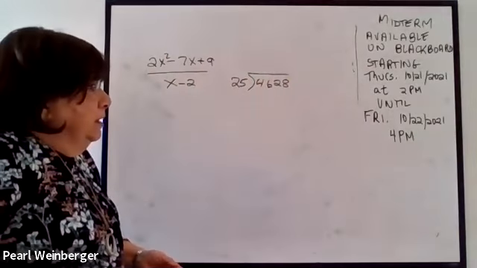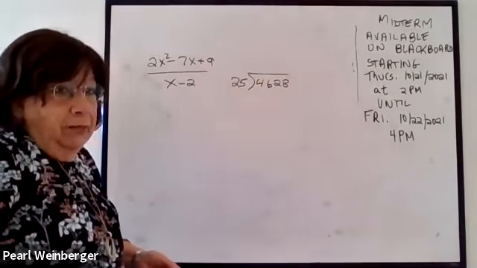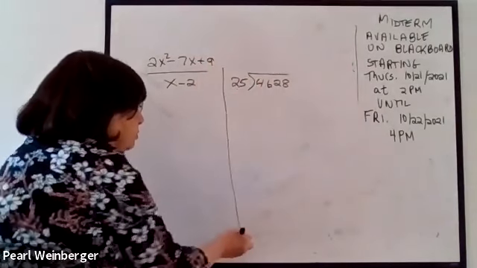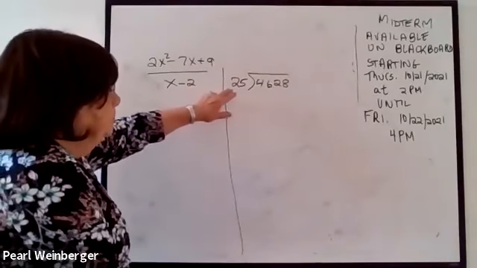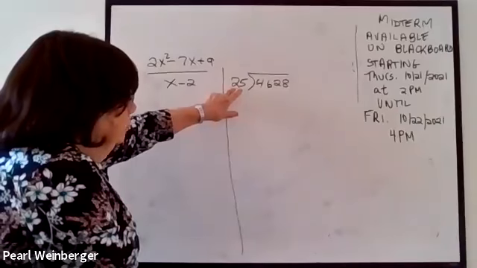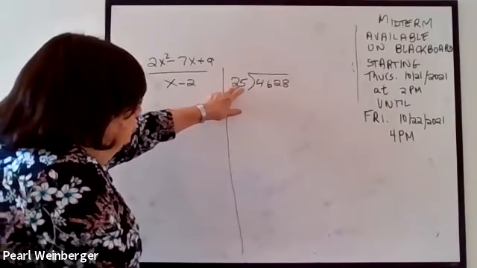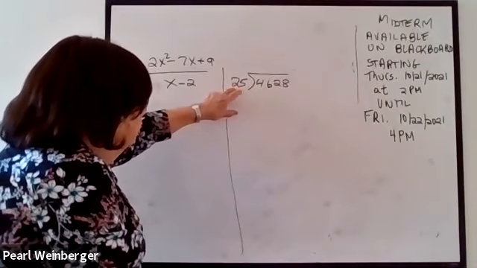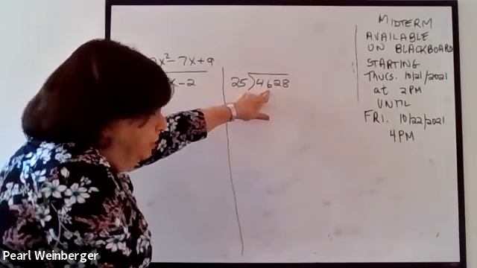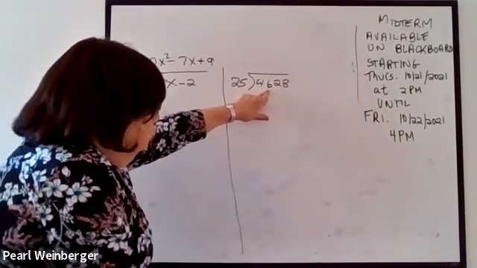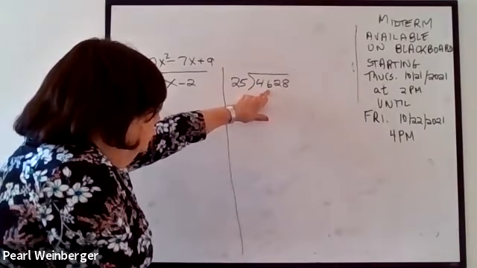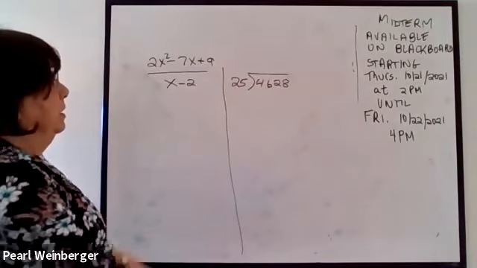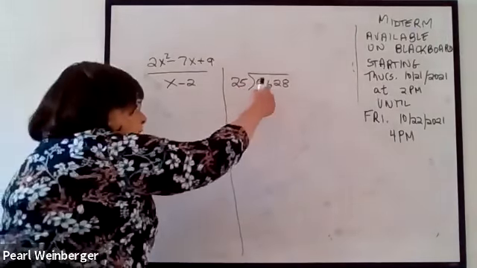But let's see if we can remember the steps you learned in elementary school to do this division. If you remember what you do, you say, well, 25 doesn't go into 4, so I have to take the 25 and divide it into the 46. So I know 25 goes into 46 one time, because if it was 2, it would be 50. And I put a 1 on top.